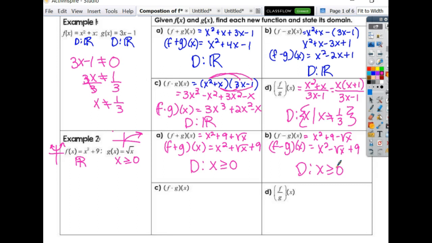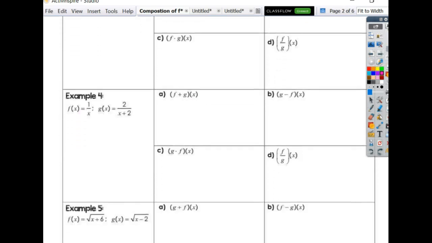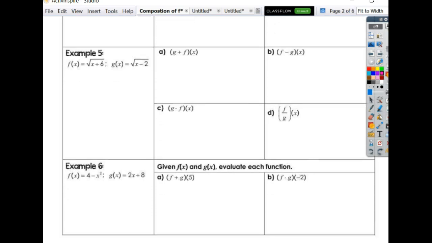Okay, so I'm going to do example 5. On example 5, what kind of function is the f?